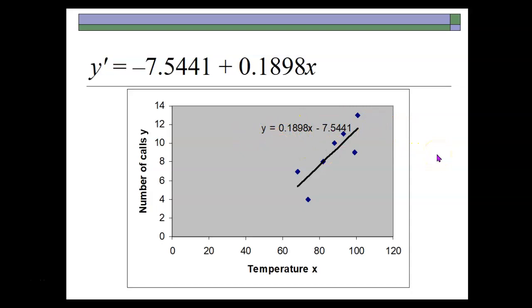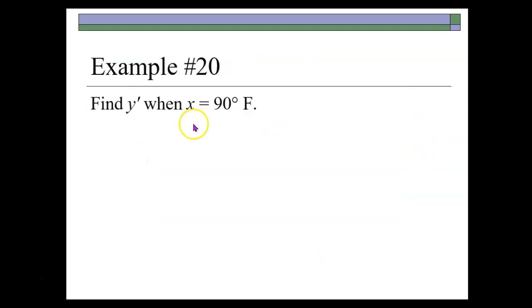Now that we have this equation, we can use it to answer questions like, find y prime when x is 90 degrees Fahrenheit. That is, we'd be predicting, according to the pattern we've seen, what's our best guess for the number of emergency calls they could expect on a day when the temperature was 90 degrees.